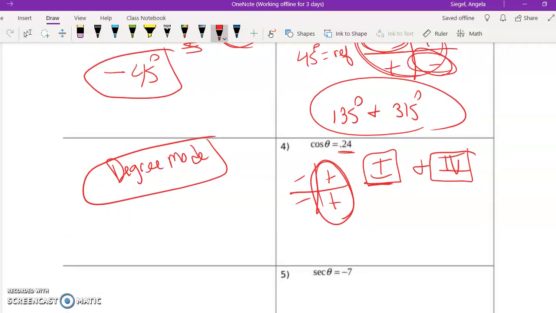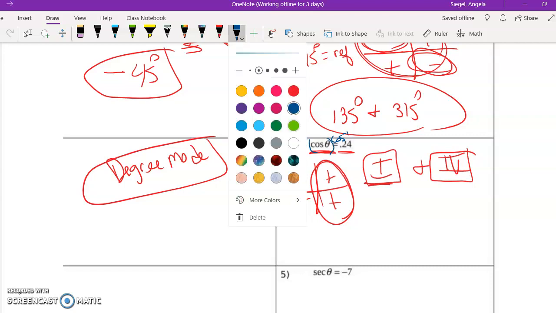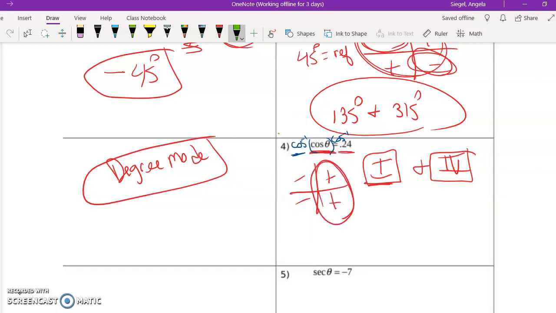If I want to get rid of this cosine, I'm going to multiply by the cosine inverse. Remember what algebra tells you, whatever you do on one side, you do on the other side. So these cancel out, and I get theta equals cosine inverse of 0.24.